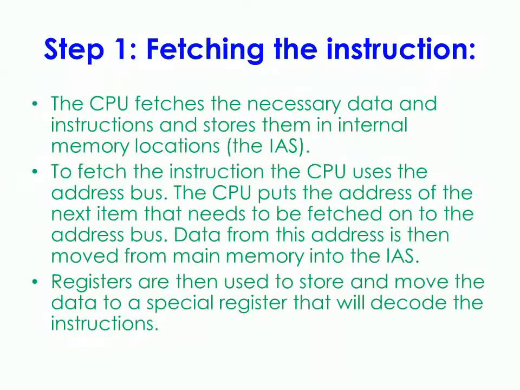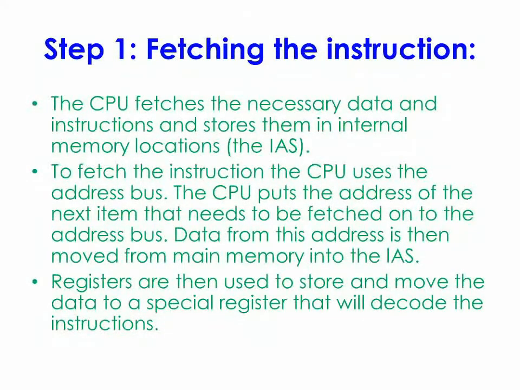The first one is fetching the instruction. The CPU fetches the necessary data and instructions and stores them in the internal memory location, that is the IAS, immediate access storage. To fetch this instruction, the CPU uses the address bus. We already know about the address bus. The CPU puts the address of the next item that needs to be fetched on the address bus.